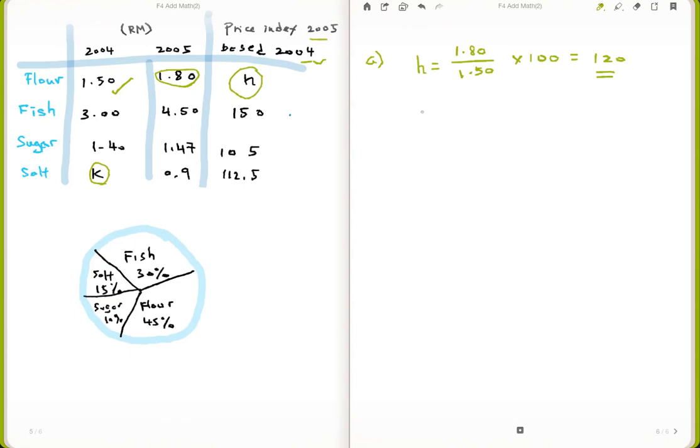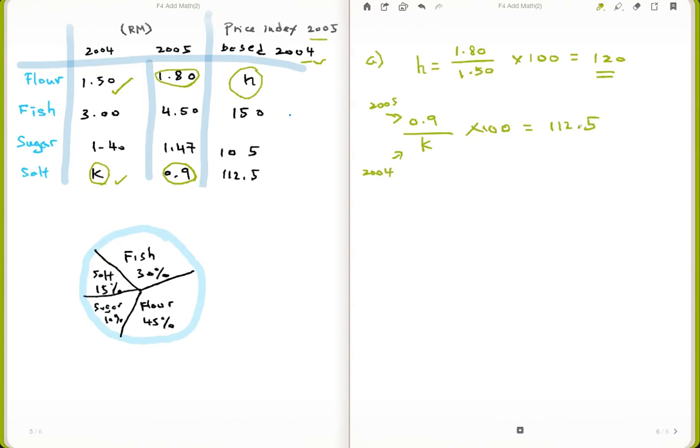Now for K, this is the base price as a base time. So there will be K as the denominator, given 0.9, because we're talking about index 0.5 based on 0.4. So this is what you have in 2005, this is what you have in 2004. It's given. Times 100 is equal to 112.5.